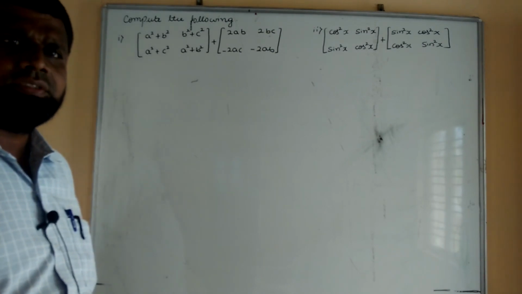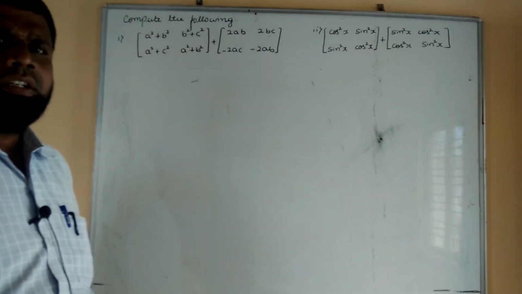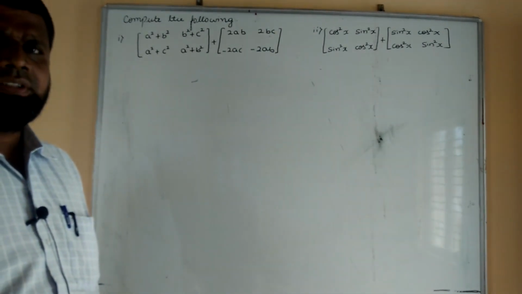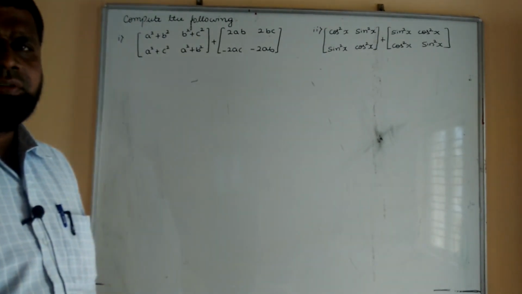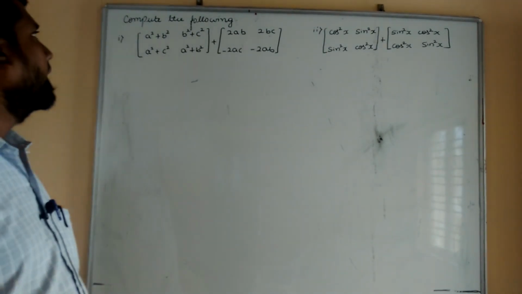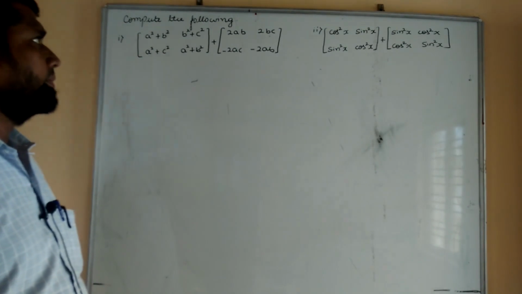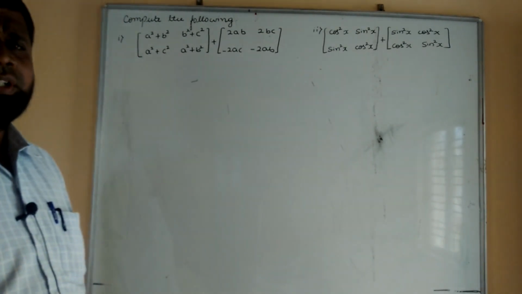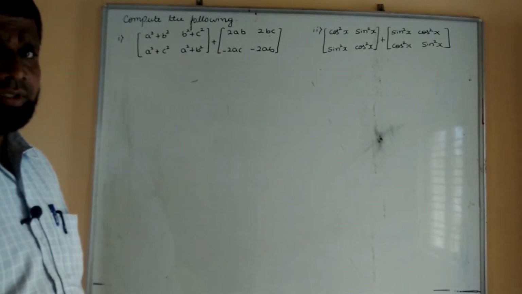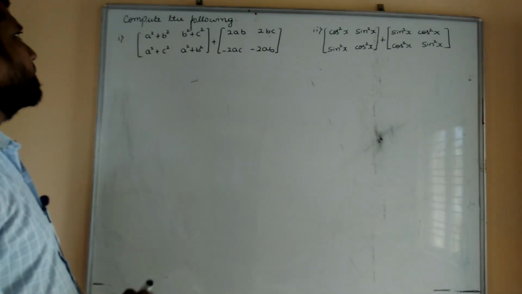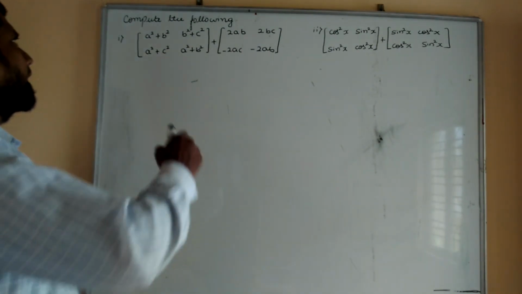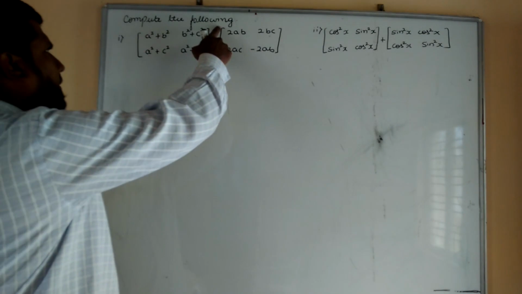In the previous class, we solved the problems on addition in matrices. Now, let us solve the same kind of problems on matrices, but the question has given: compute the following.